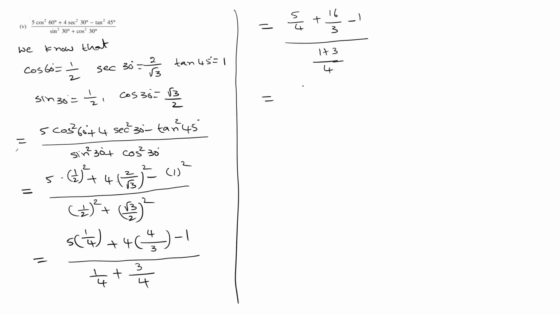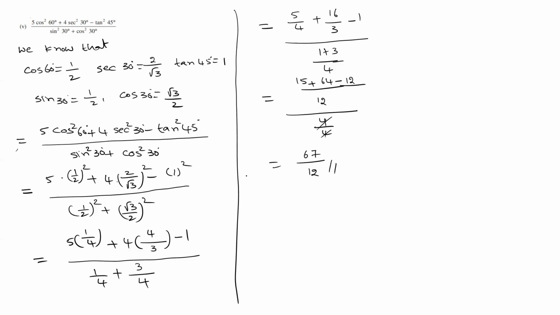So LCM of 4 and 3 will be 12. So 4 threes are 12, which means 5 threes are 15, plus 3 fours are 12, which means 16 fours are 64, minus 1 twelve, that is 12, whole divided by (1 plus 3) by 4. So 4 and 4 will get cancelled here. Now if we add the numerator, 15 minus 12 will be 3, and 64 plus 3 will be 67, divided by 12.